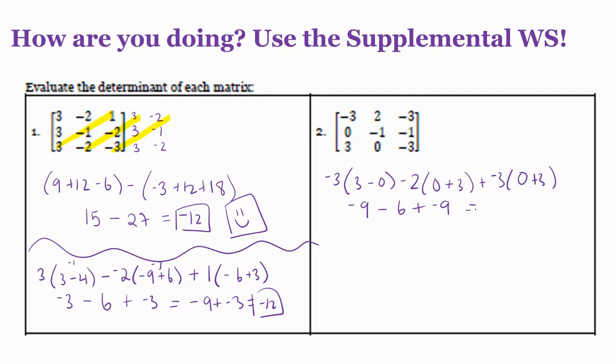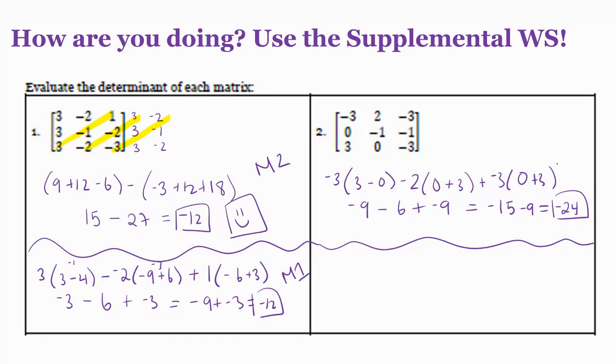Negative 9 minus 6 gives you negative 15, minus 9 gives you negative 24. Right, so that's method 1, and I'll do method 2 now as well.